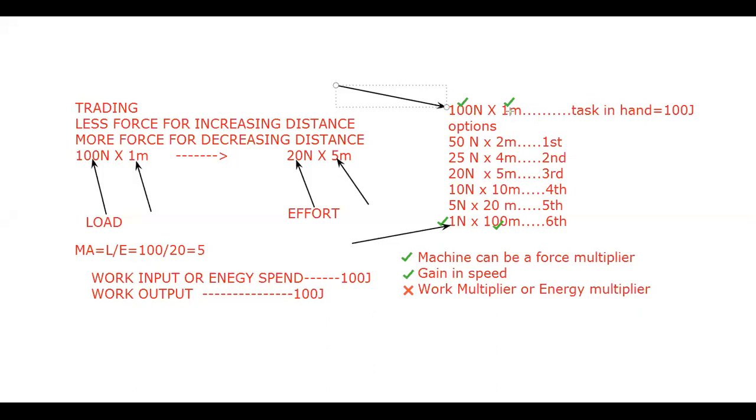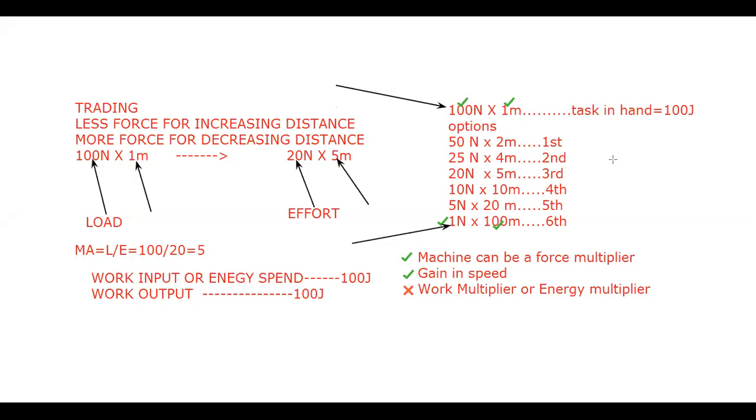So basically, we are just trading. Whenever we are using a machine, whether as a force multiplier or a gain in speed, we are simply doing the trading. I am trading force for distance or distance for force. All of you class, are you getting this idea of a machine?